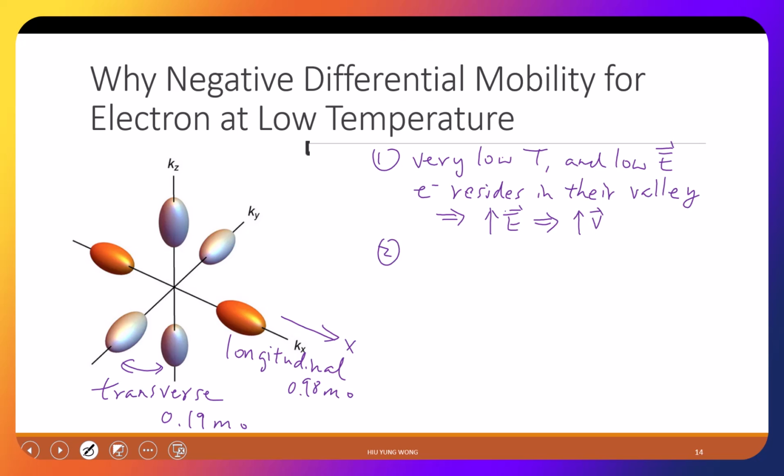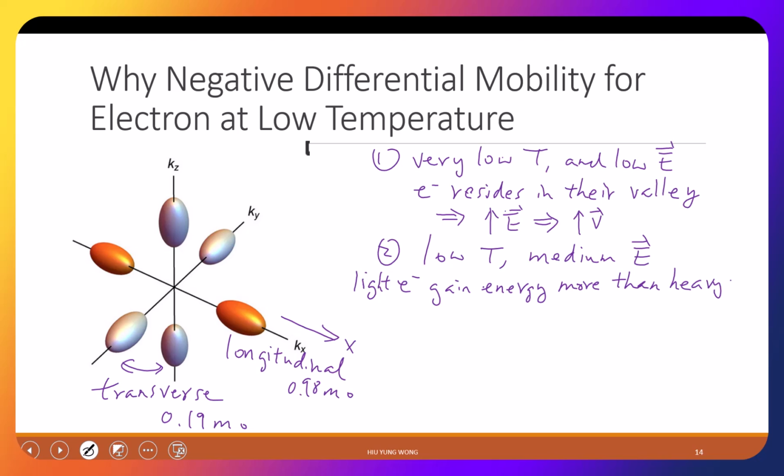Now, what if it is at low temperature but medium electric field? This is where we get the negative differential mobility. Now, those electrons, I call them the light electrons, will gain more energy than the heavy electrons.